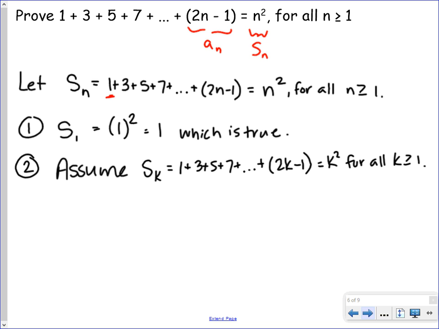Okay. Now, eventually we're going to be asked in the second part of the induction step to do s sub k plus 1. But in this assumption, we want to get a statement so I know when I finish my proof. Right? And that's what you guys practiced yesterday.